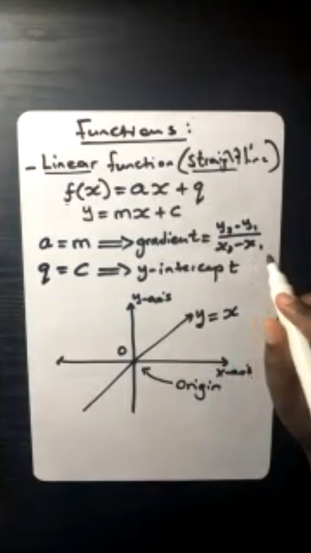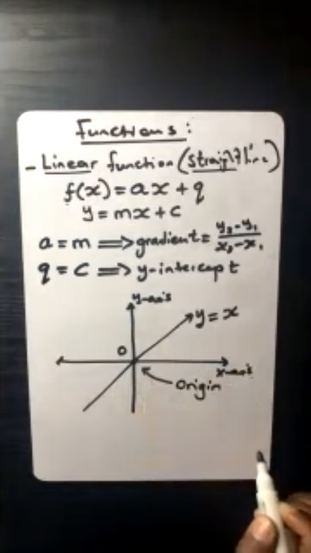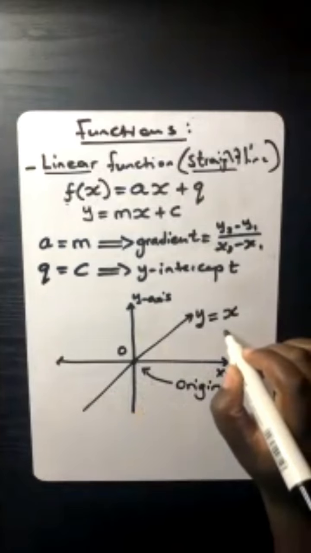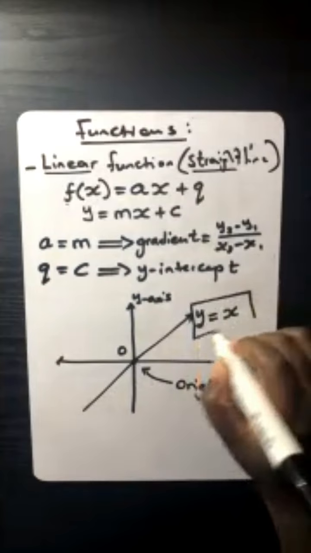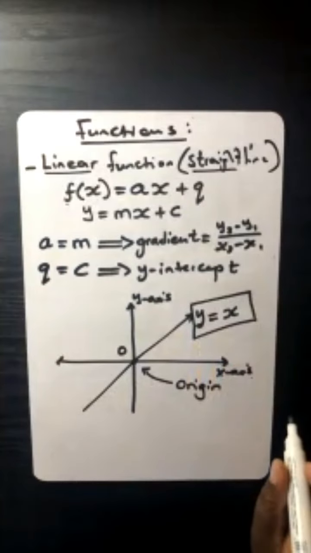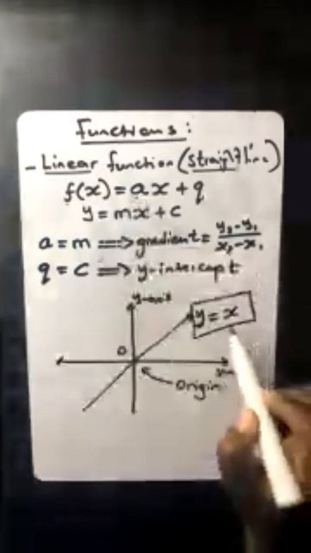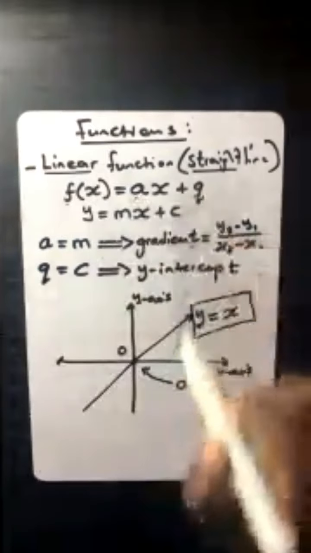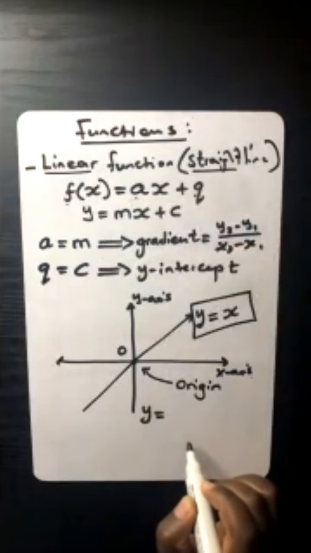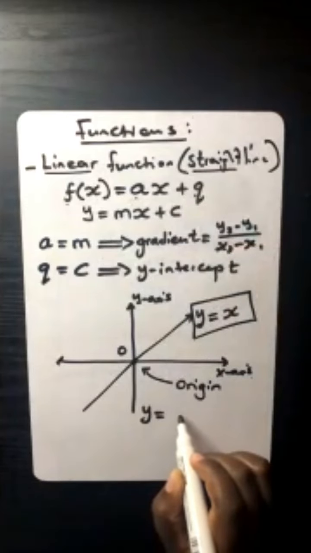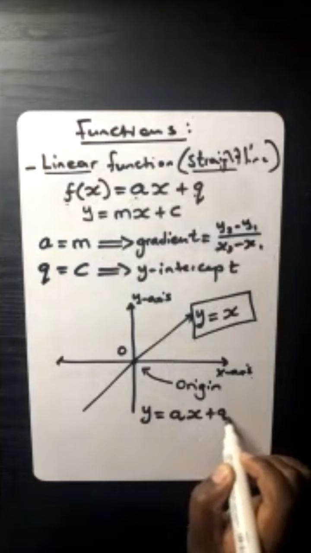I'll ask you this in future. For that graph that passes through the origin, this is the equation of that graph. So we need to know what is the A for that graph, what is the Q for that graph. That is the same as y equals, remember, this is the standard form, ax plus q.